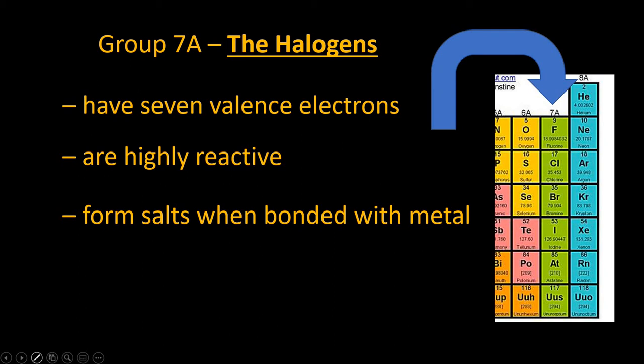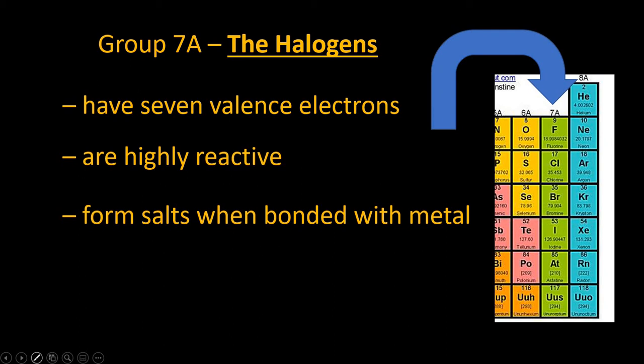This makes them extremely reactive because remember the valence level is full at 8. So all it wants is one more electron. That makes it very, very reactive trying to get that one electron.